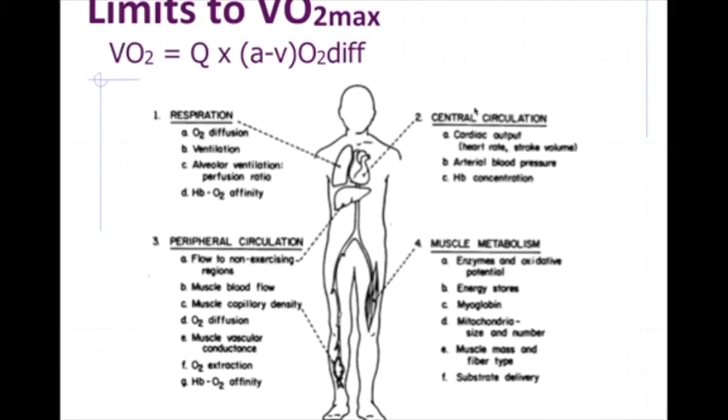Over here, our central circulation, the ability for our heart to pump everything around, and to the extent that it matches whatever activity we're doing. It could also be your hemoglobin concentration or your arterial blood pressure. Primarily, this is what we see with highly trained individuals, and it's usually the cardiac output.